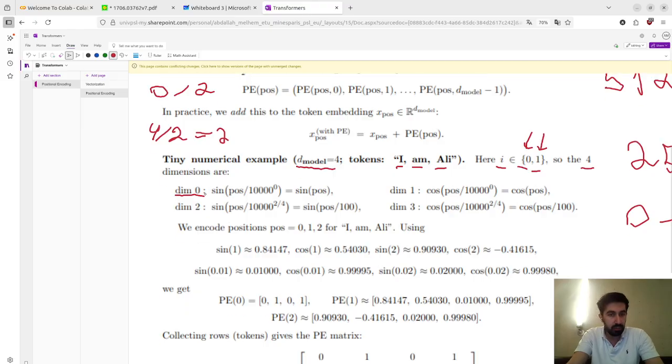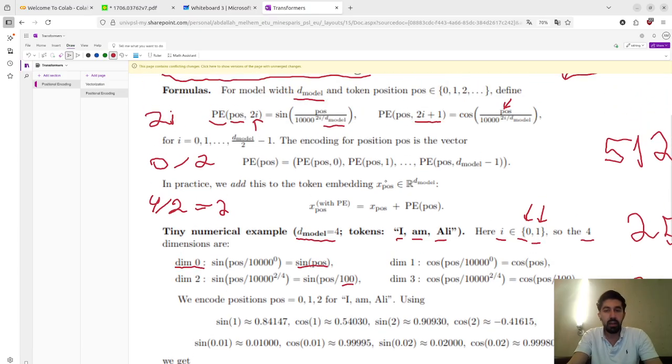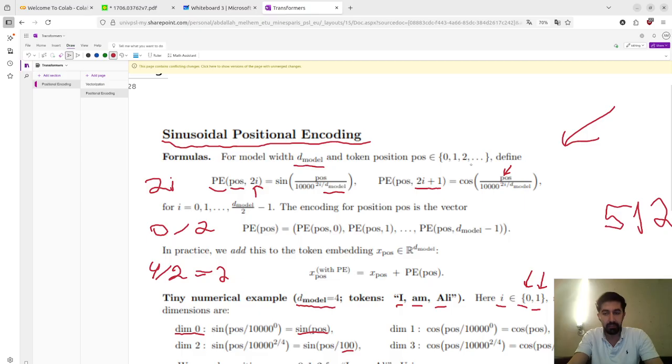So for dimension 0, you get sine of position over 10,000 to the power 0, which is 1. So you get sine of position. And for dimension 2, you get sine of position over 10,000 to the power 2 over 4, which is half, which is the square root. So the square root of 10,000 is 100. Now, again, i belongs to 0 and 1. And we should be getting 2i for two values of i, which are 0 and 2.